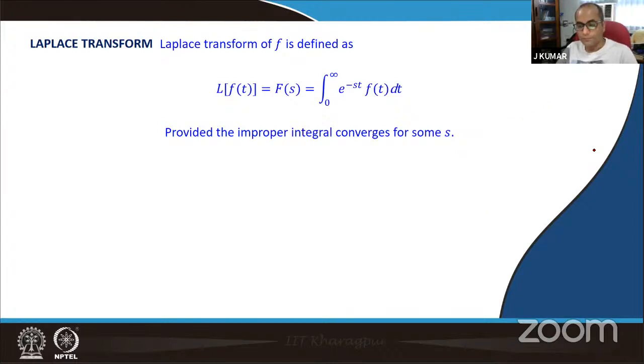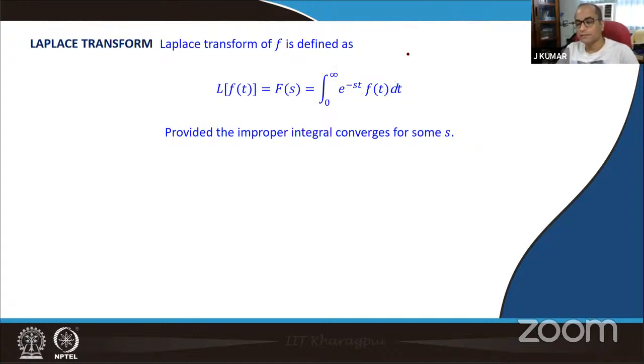Well, the condition here is that this is an improper integral, because we have the infinity here, and in many cases this improper integral may not converge. So we can compute this Laplace transform, or apply it, only to those functions where this integral converges.